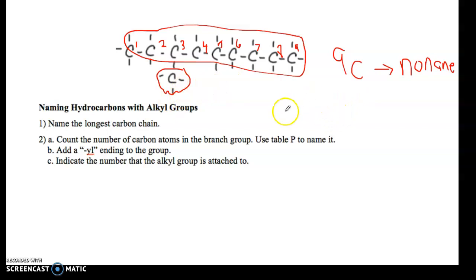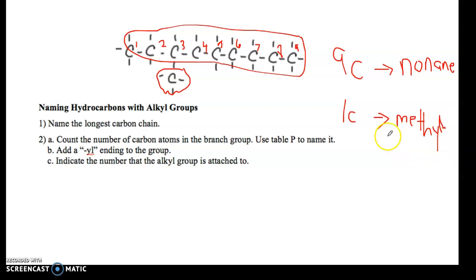Because it only has one carbon, the prefix for one on the table is meth. Now, because it is not on the parent line, not on the longest line, and it's a branch stemming from the line, we're going to end the name with YL. So it's going to be a methyl.